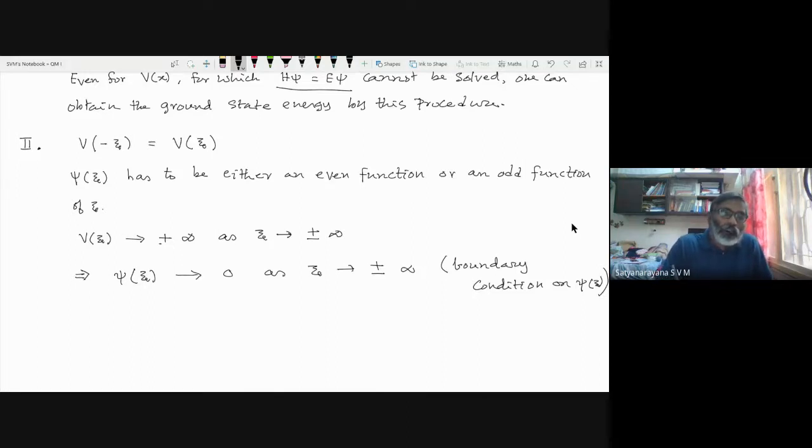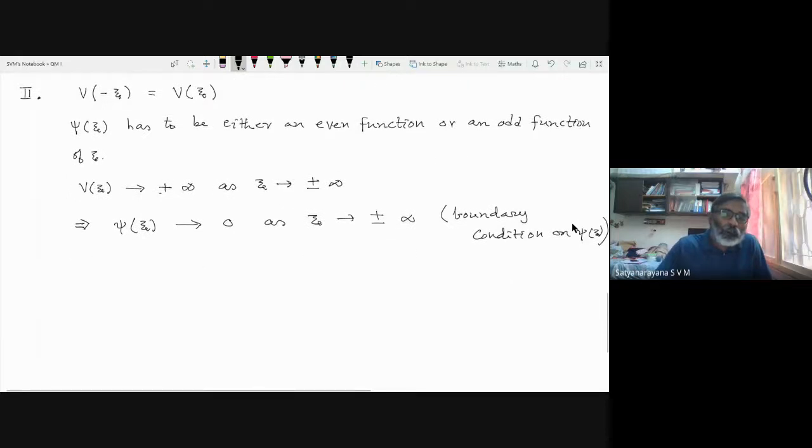And since the potential is an even function, the wave function has to be of a particular parity. It can be an even parity wave function or an odd parity wave function. These are the two important physical consequences of the nature of the potential on the wave function.